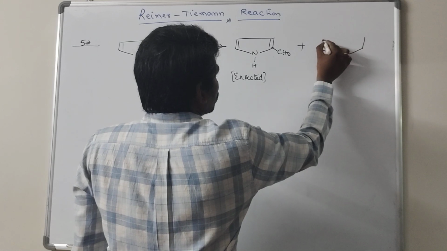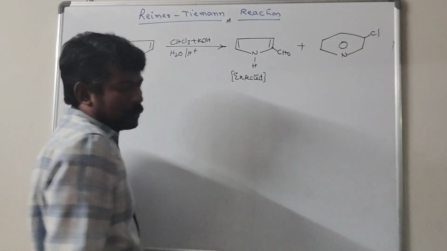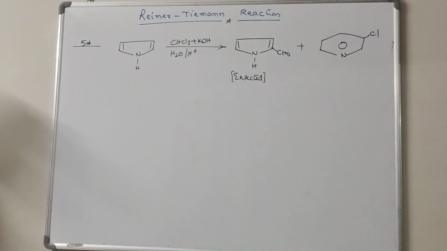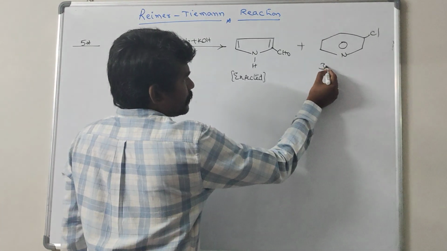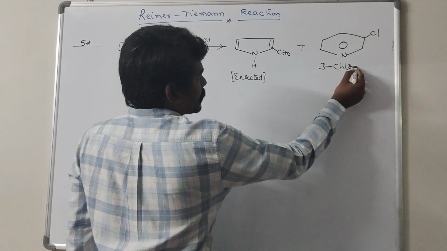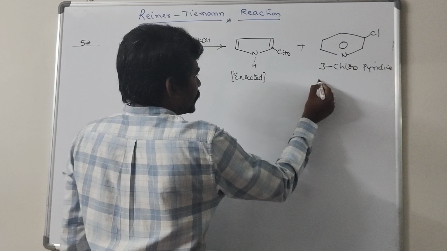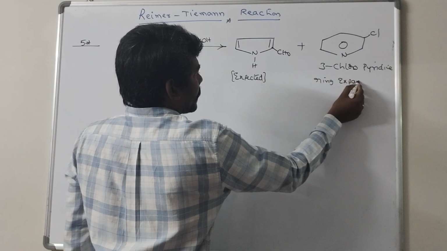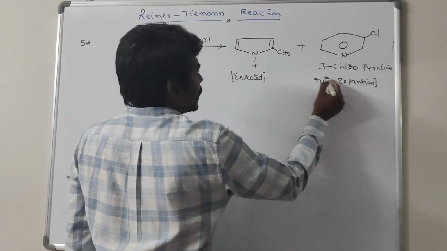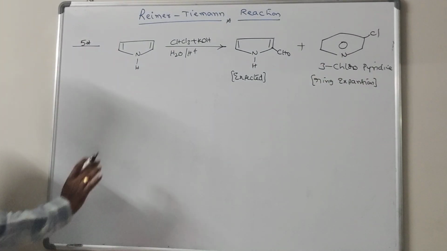Pyrrole converts into pyridine. 3-chloropyridine is also formed. A ring expansion takes place. Let us see the mechanism.